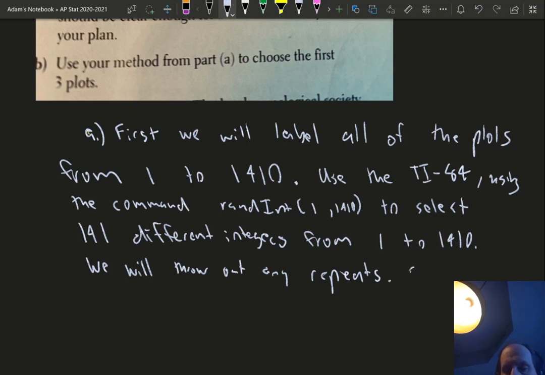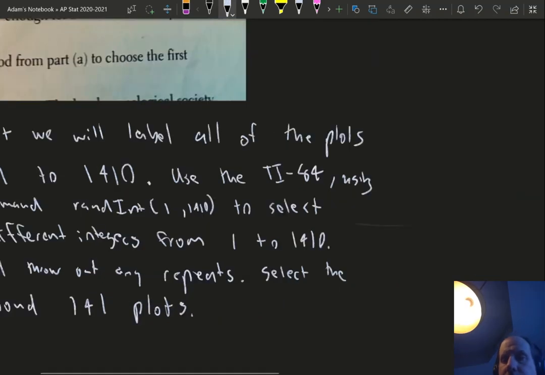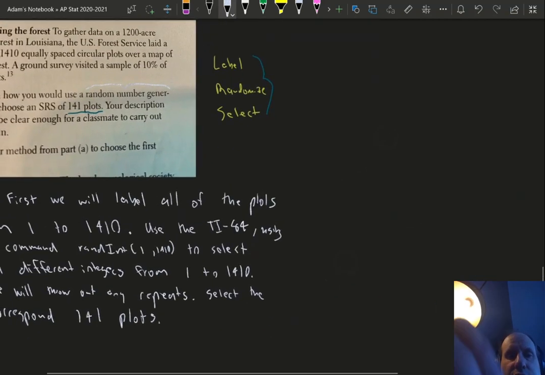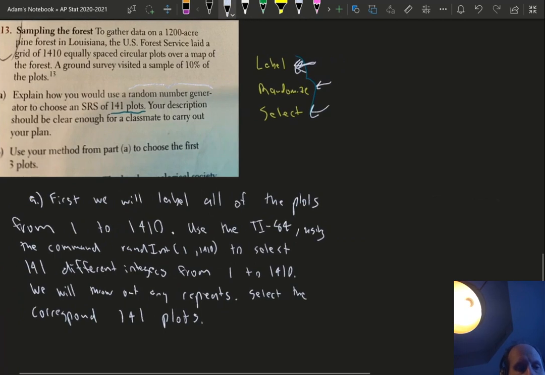And then we'll select the corresponding 141 plots, because at first they're just labeled, so we want to actually select them. That goes back to we labeled them, we used randInt, and then we selected at the very end.